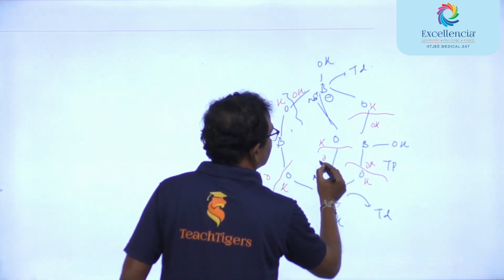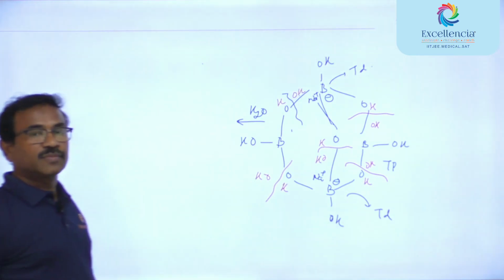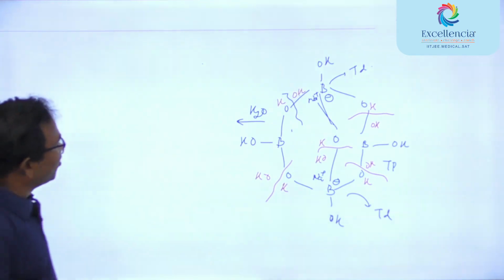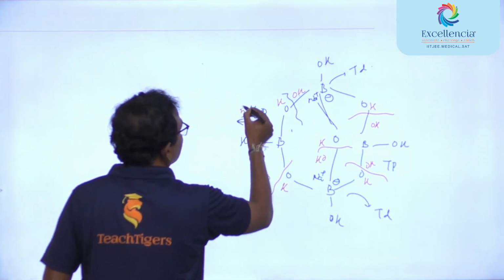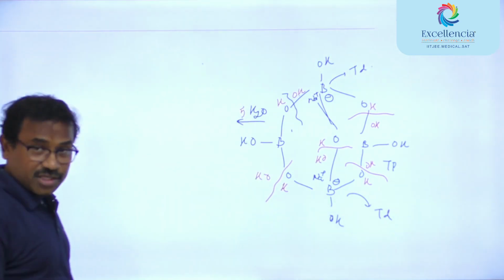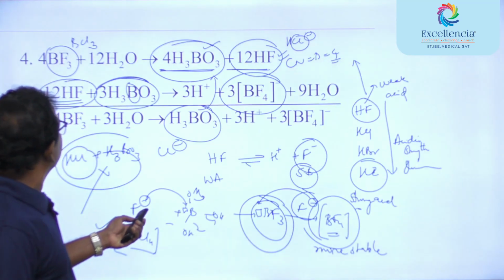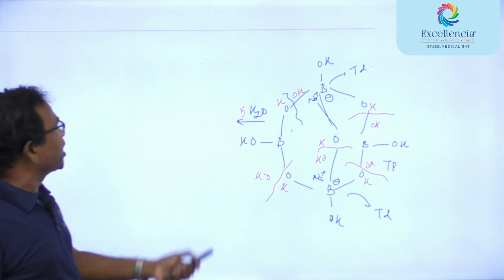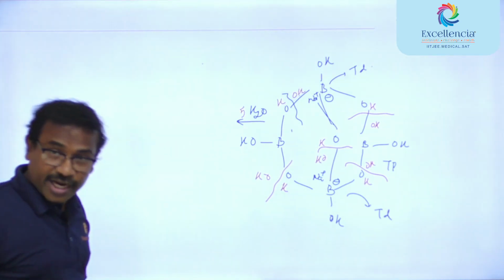H, OH. So how many waters have we used? 5 waters. So 5 waters first undergo hydrolysis, because, as you can see, this is completely an aqueous medium. Therefore, first borax undergoes hydrolysis.